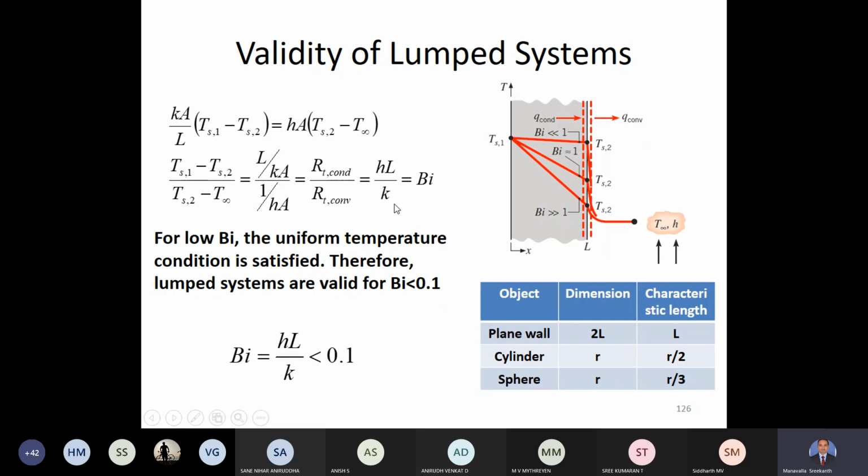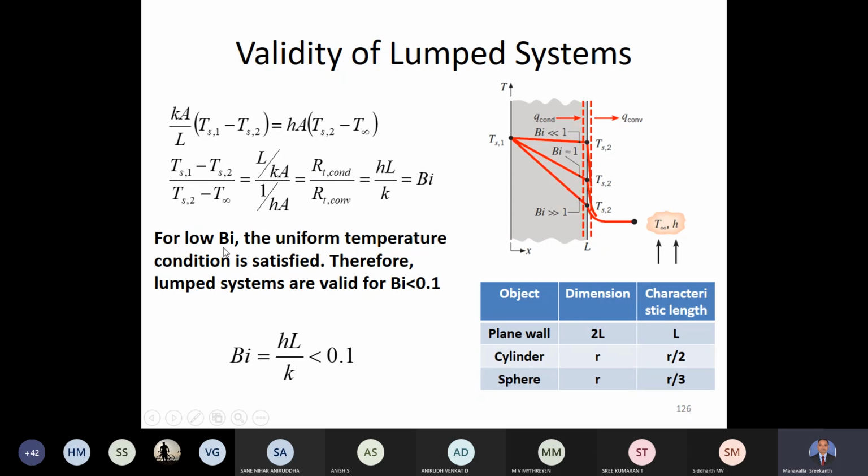This term HL by K is called the Biot number. Bi is the symbol. BIOT is the spelling, but it is pronounced as Bio number, with the T silent. So the Biot number is the product of H and L divided by the conductivity K.